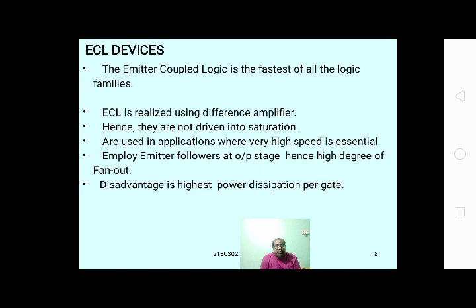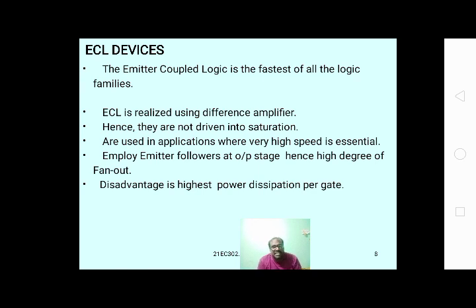The emitter follower circuit has OR and NOR functions, so it does not have saturation in it. Due to this lack of saturation, the ECL circuit permits high frequency switching.